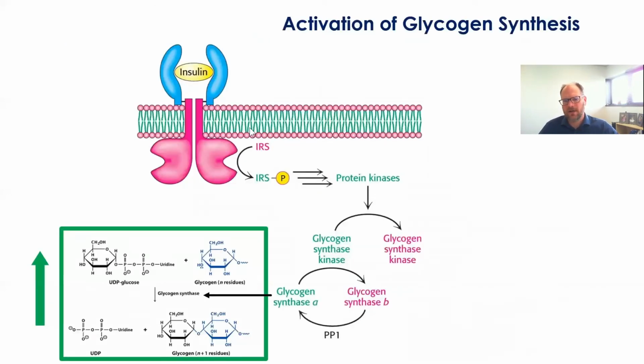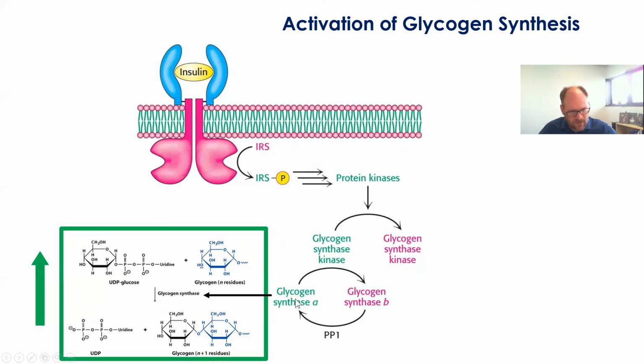There's also regulation of glycogen synthesis in addition to glycogen breakdown. That's regulated through insulin. Insulin has its own signaling cascade with IRS, insulin receptor substrate. It gets phosphorylated, ultimately leading to a protein kinase that does similar activation of glycogen synthesis. Glycogen synthase A is the active form, and insulin ultimately triggers this.